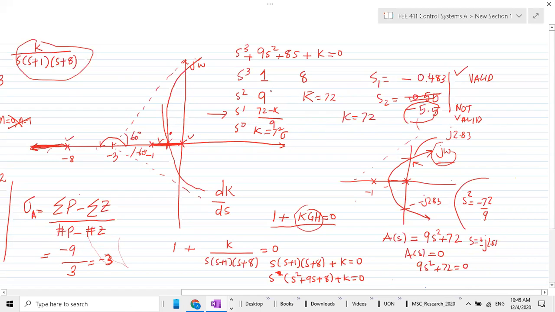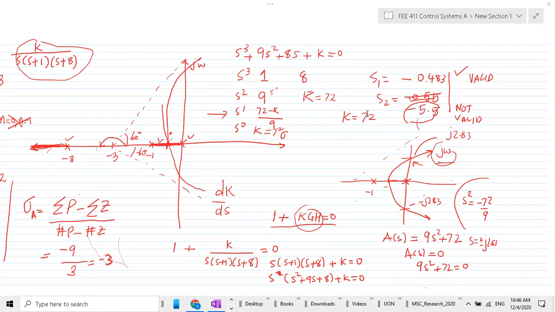So the first coefficient here is s power 2, and the next one will be s power 0, because it needs to be even.